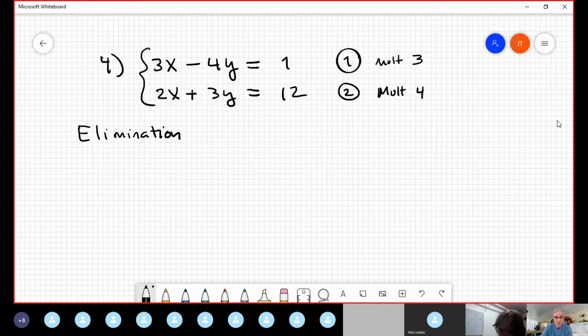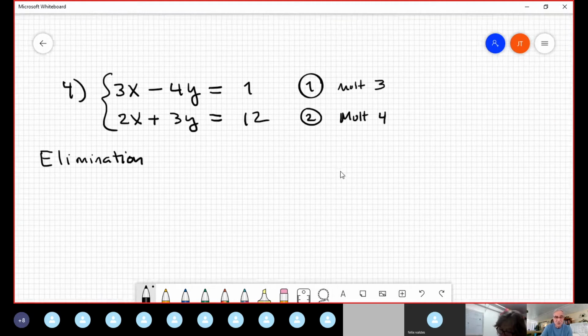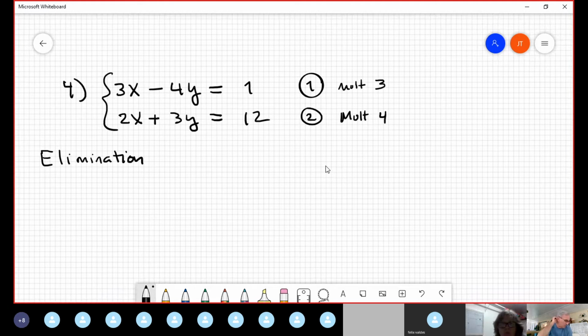Of course not. Another student says, professor, this is the idea for eliminating y, but if I want to eliminate x, you multiply the first equation by -2 and the second by +3. We get -2 times 3 is -6 and 3 times 2 is +6, ready for elimination.